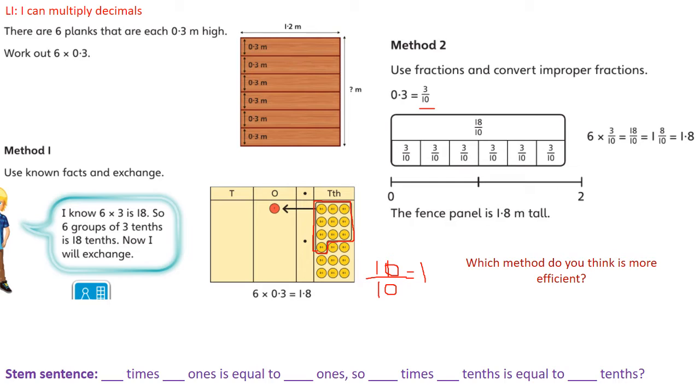We could add these up, repeated addition, and we would get 18 tenths. Or we could just say 6 lots of 3 tenths, so 6 times 3 would also give us 18 tenths, and then we can convert that back to a mixed number and then convert that back to our decimal. Which of those two methods do you like the best?